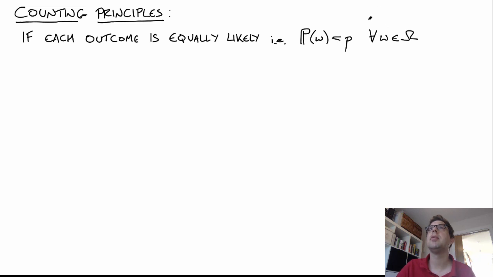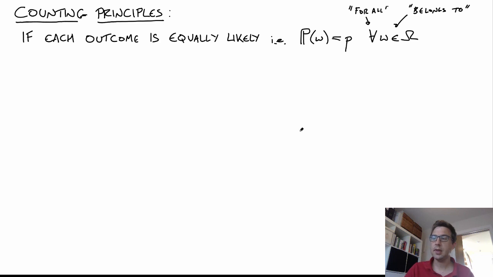Okay, and just to remind you that this symbol means for all, and this symbol means belongs to. Okay, so a little bit of mathematical notation there.